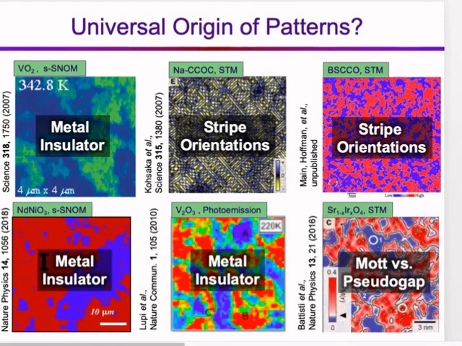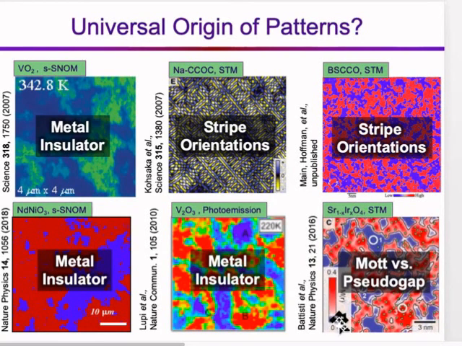Lower left here is neodymium nickelate. As it goes through its metal insulator transition, this is data from Dmitry Bazov's group using scanning near-field optical microscopy, and the metal insulator transition doesn't happen all at once. There's intricate pattern formation that happens as it is obtained. This is the closely related V2O3 studied by a different probe.